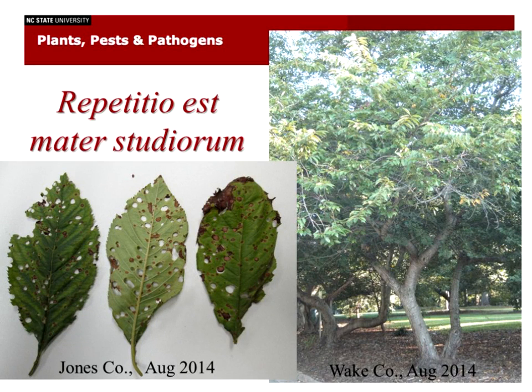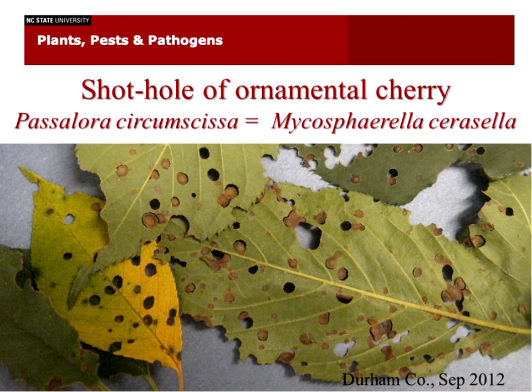What we weren't aware of a couple of years ago when I first talked about this disease on Plants, Pests, and Pathogens was the fact that it seems that a lot of this is being caused by a fungus called Passiflora circumcissa. So, cutting in a circle, and that is what it does.